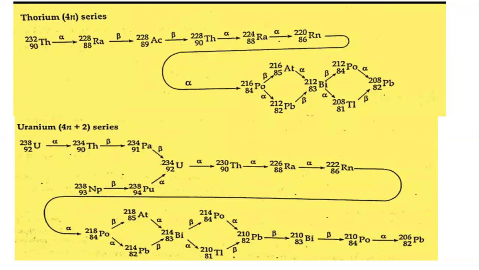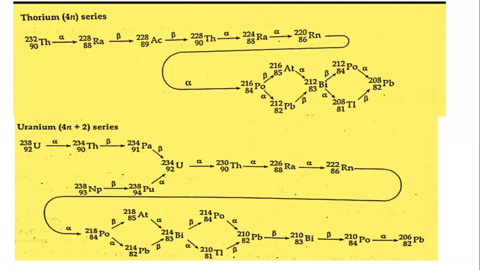In another way, polonium on alpha disintegration decreases the mass by 4 units and becomes 212, and the atomic number decreases by 2 units, that is 84, that is the lead. Again, beta disintegration gives bismuth, and this is again two ways.